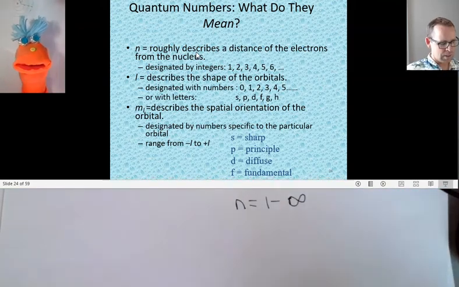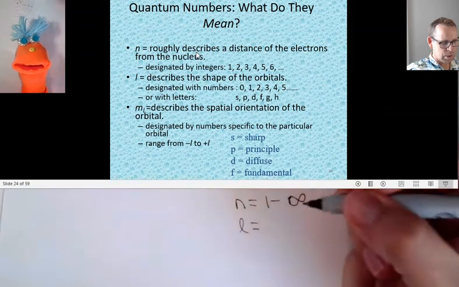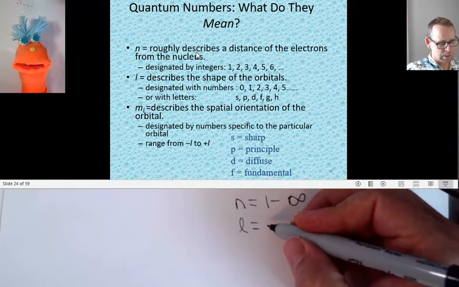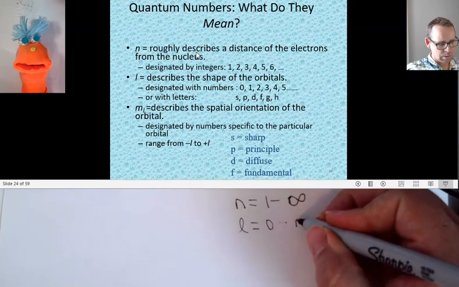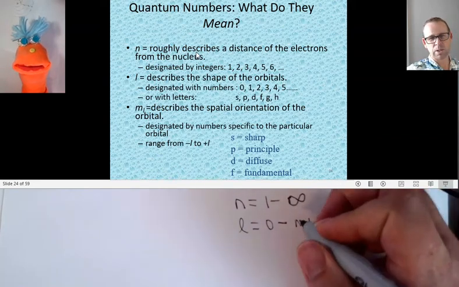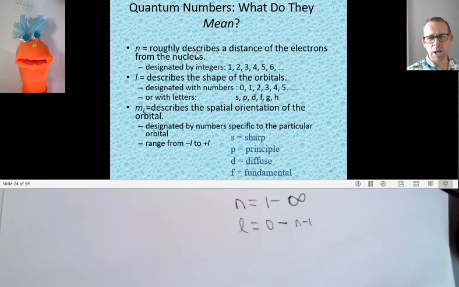Then the lowest value L will be is 0, but the highest is going to be n minus 1. And the number of possible L values is equal to the n value.